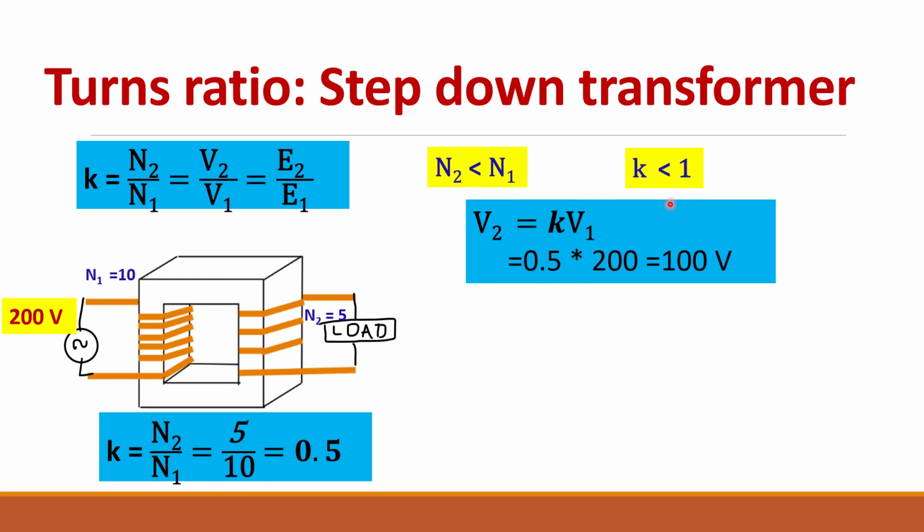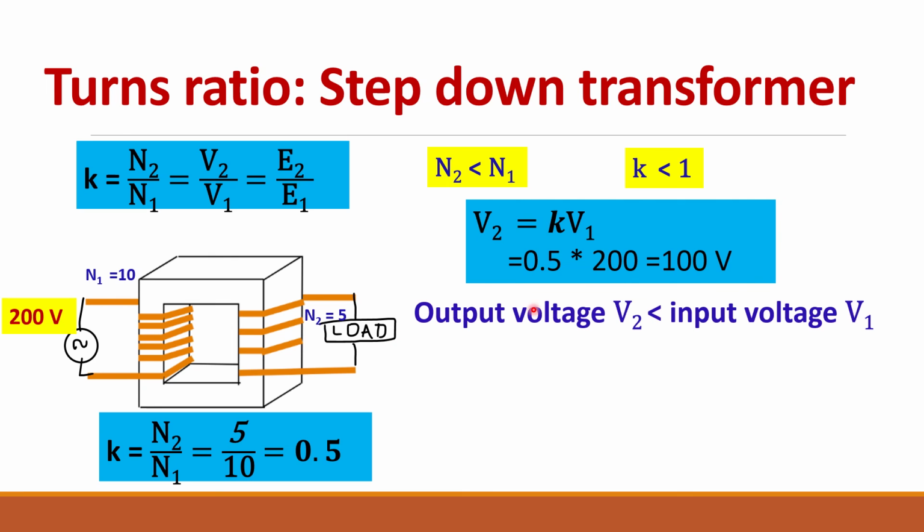And what is the output voltage? Suppose the input voltage is 200, what will be the output voltage? From this relation, V2 is equal to K times V1. So 0.5 is the K we got, and 0.5 into 200 will give you 100 volts. So the output voltage is less than the input voltage in a step down transformer.